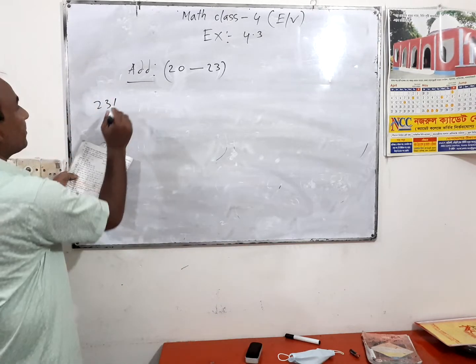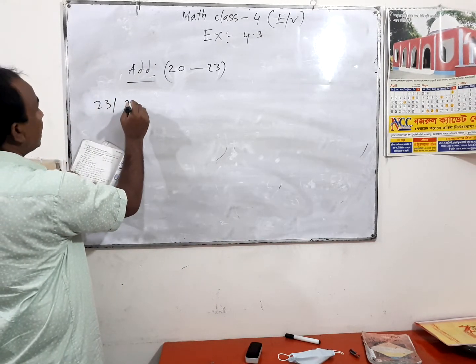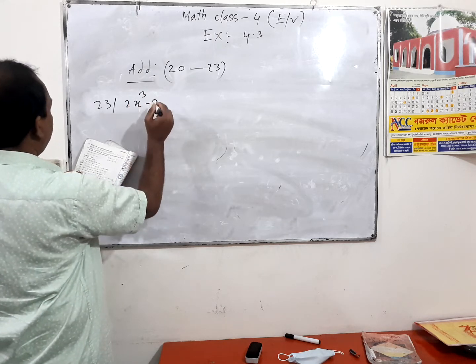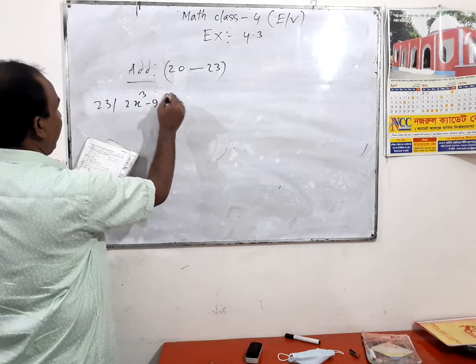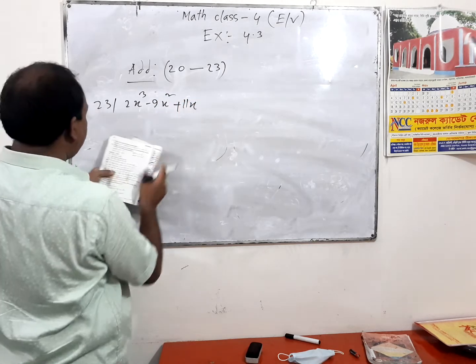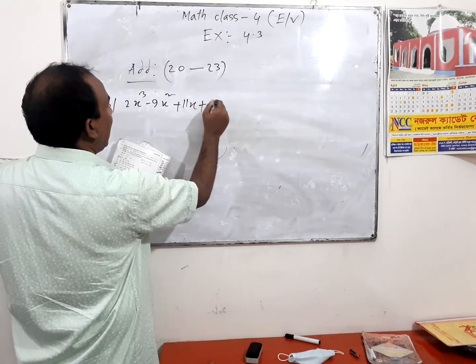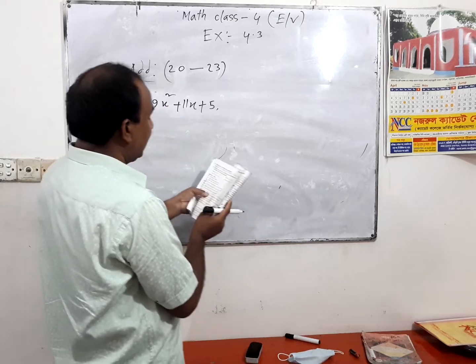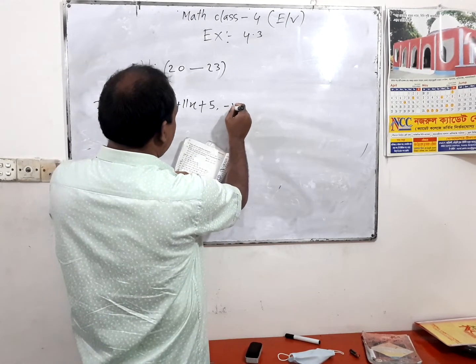Number 23. The first term is 2x cube minus 9x square plus 11x plus 5. This is the first term of number 23, and this is the most important math for you.